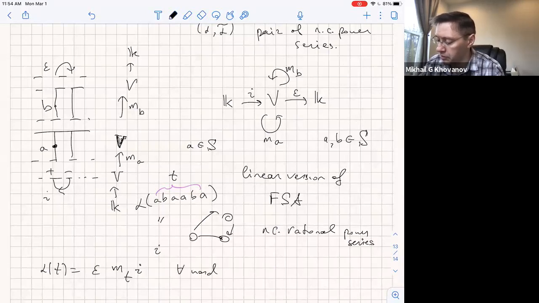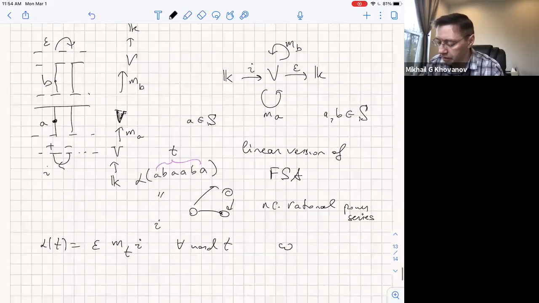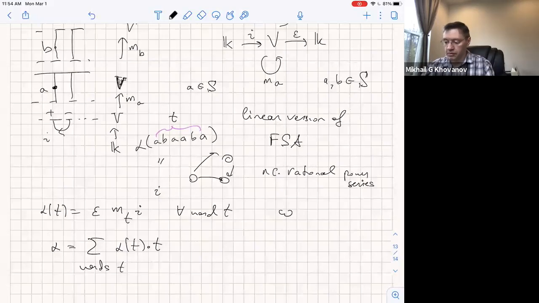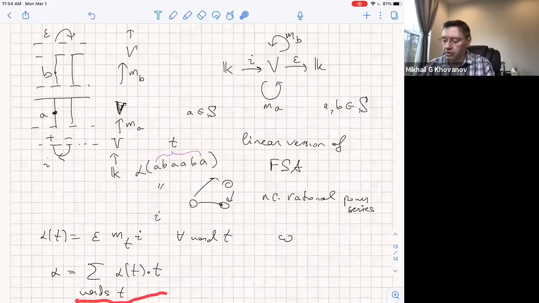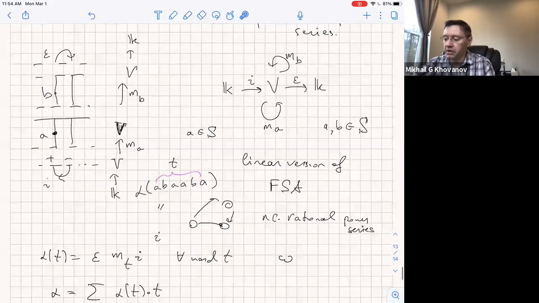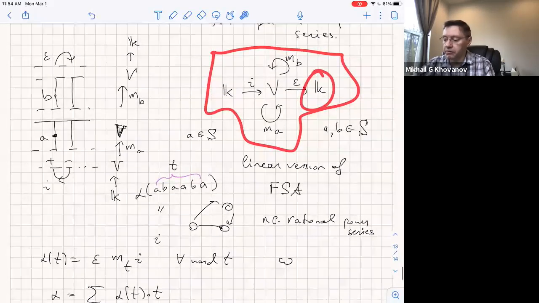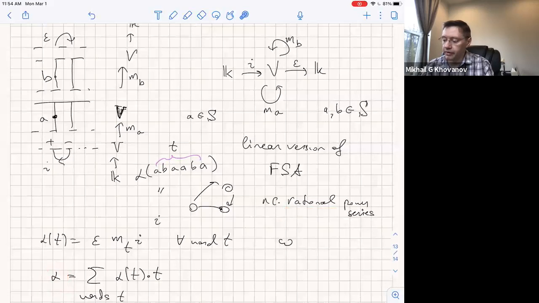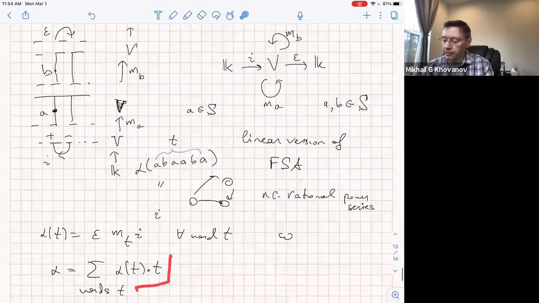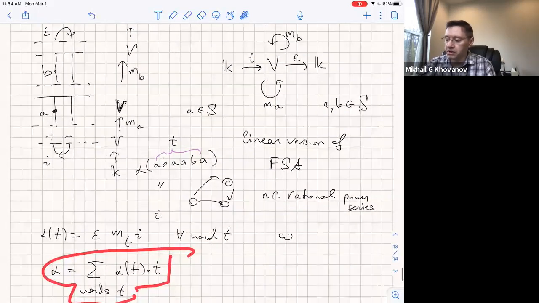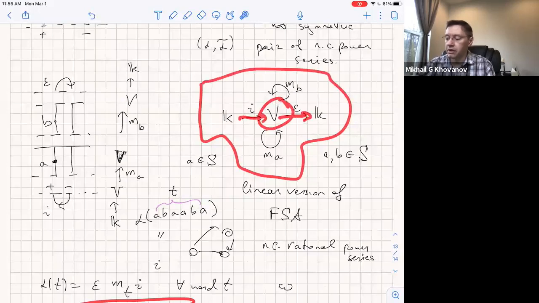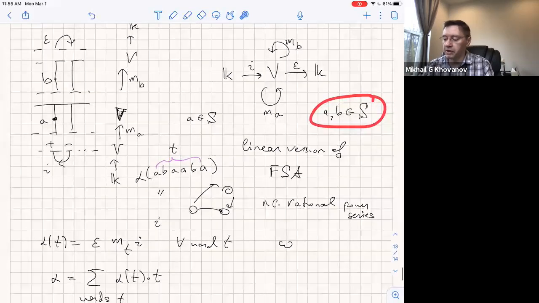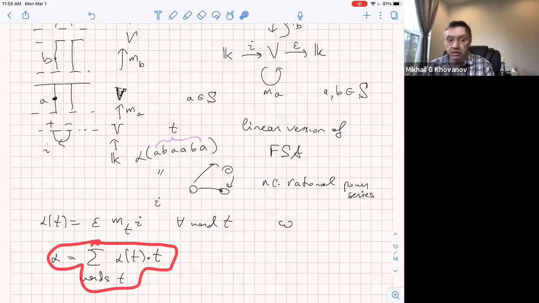So for any word T, I guess we called before words omega, alpha is a sum, let's say, of alpha_T times T, a sum over words T. So there are several equivalent notions of finite state automata, and you can think of it as linear finite state automata, linear over K. This is one possible definition. And then you say that a non-commutative power series alpha is rational if it is given by this expression, if such a system exists with vector space V with inclusion, evaluation, and linear maps M_A in it. So this is one of the ways to define what it means for the non-commutative power series to be rational.